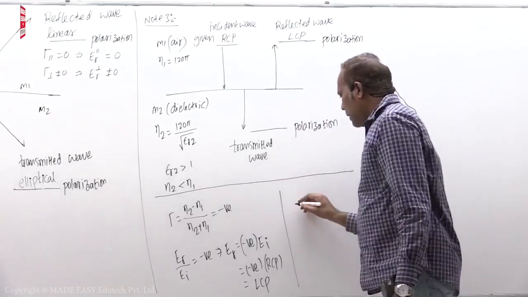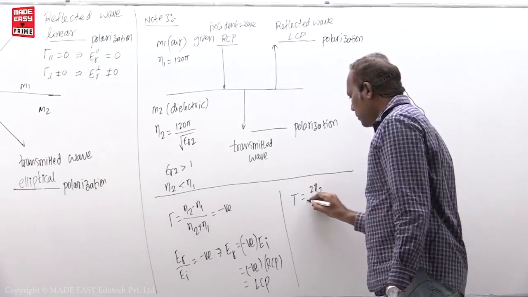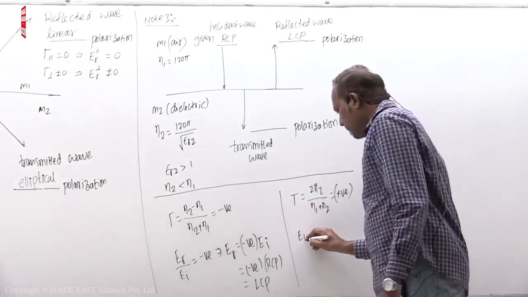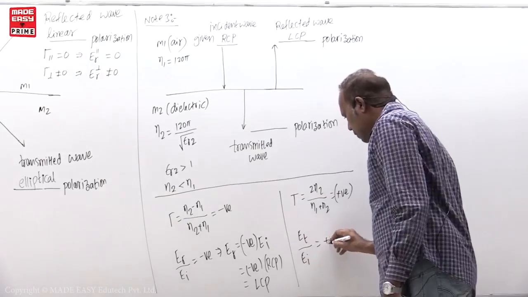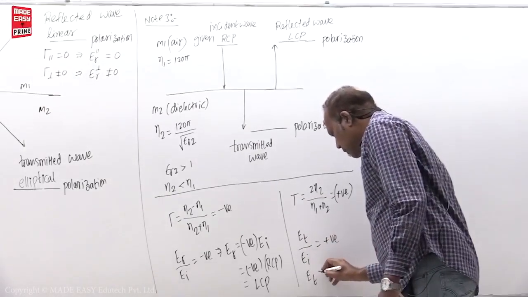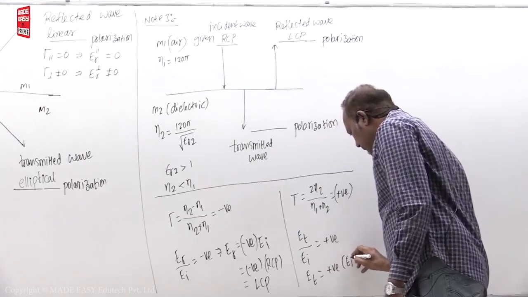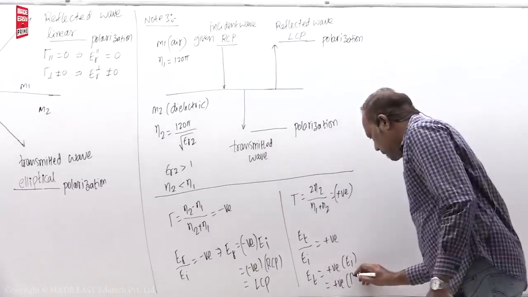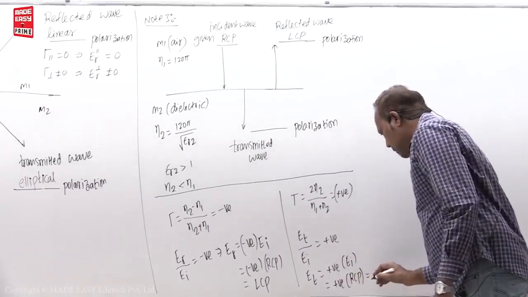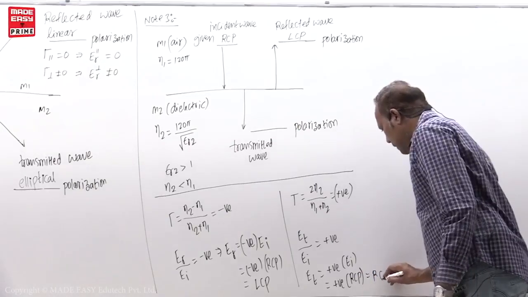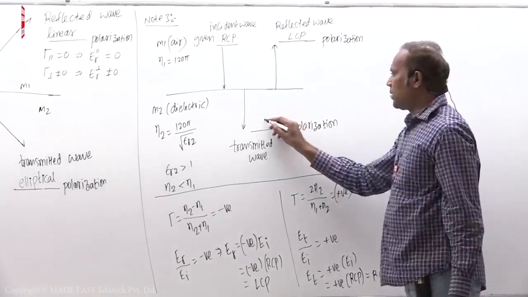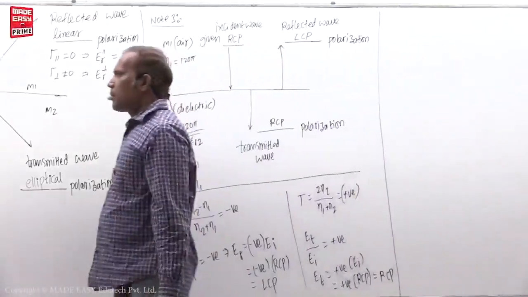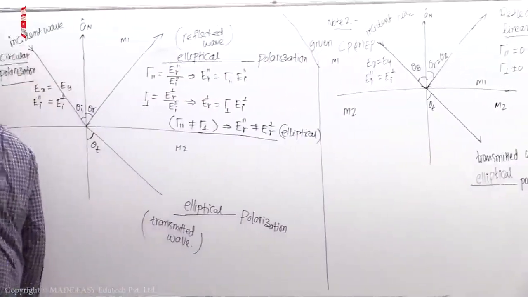And here the transmission coefficient is equal to 2 eta 2 divided by (eta 1 plus eta 2), that is positive, and ultimately ET by EI is positive. That means ET is equal to positive of EI, and incident is given as RCP. So once again positive into RCP is RCP only, right circular polarization. This you get as RCP. So there are some questions in the workbook based on this.